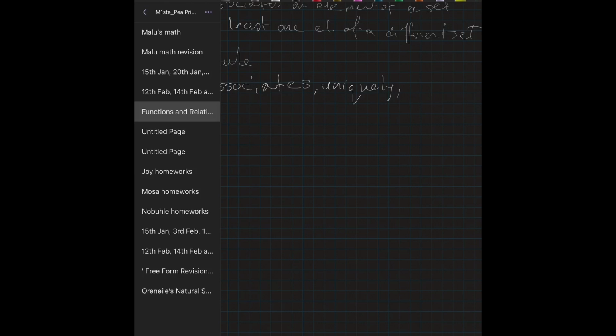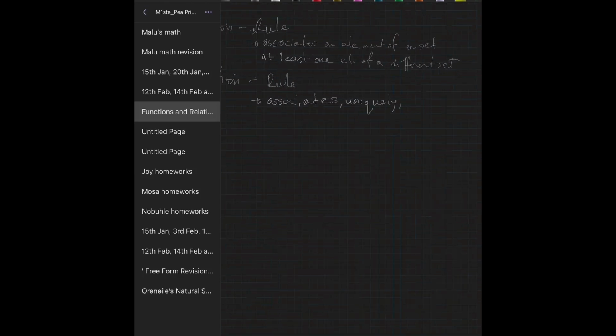So a relation would be a rule that associates an element of a set. So it would be one x value maps to one y value. But a function would be the function y equals mx plus c, which maps x values to y values. If x is this much, then y is that much.